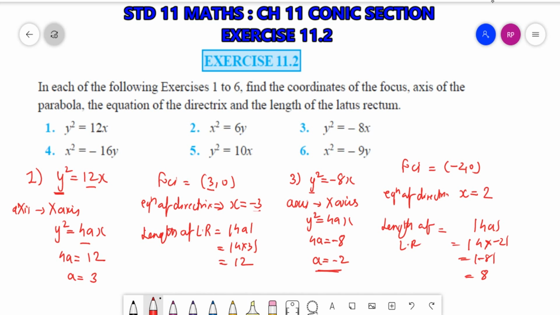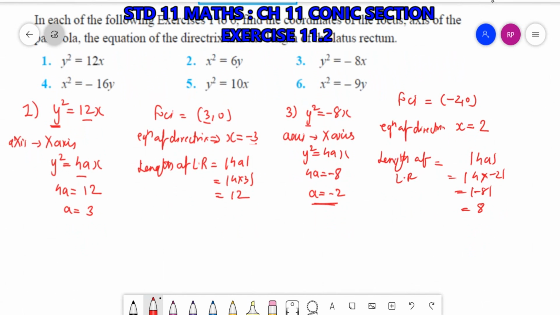Now I will solve one more, question number 4: x square equal to minus 16y. Now as it is x square, the axis is the y-axis. Comparing it with x square equal to 4by, I get 4b equal to minus 16, that implies b is equal to minus 4.